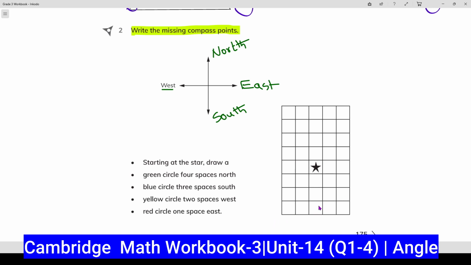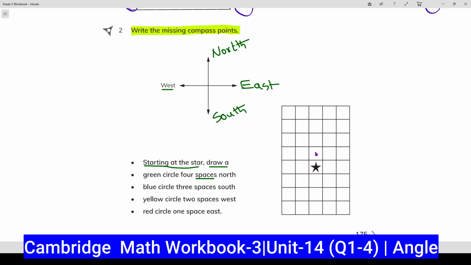Next, it's an interesting thing. Starting at the star, draw a green circle 4 spaces north. So we can draw 4 spaces north.